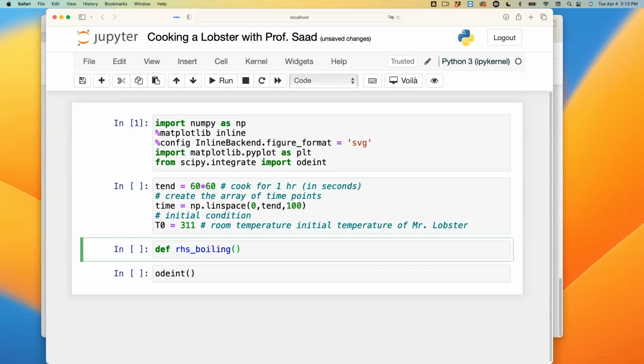By definition, the right-hand side routine for ODEint always takes two arguments. The first argument is phi, the dependent variable, and the second argument is time. In this case, I'm going to call them T and t, uppercase T for temperature and lowercase t for time, okay?